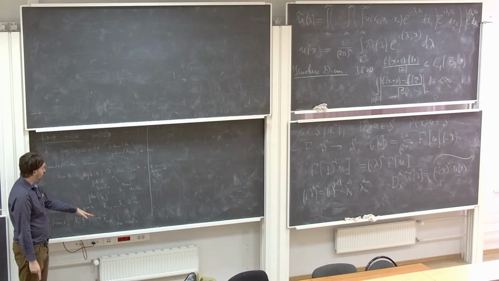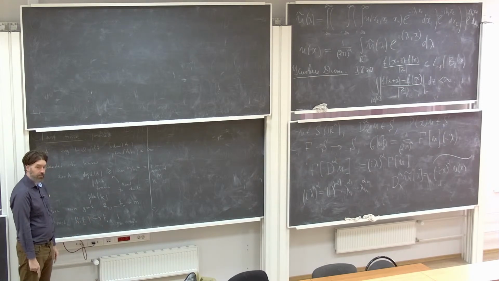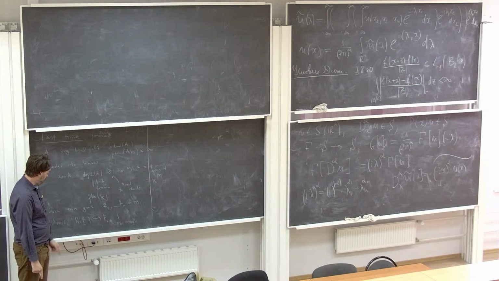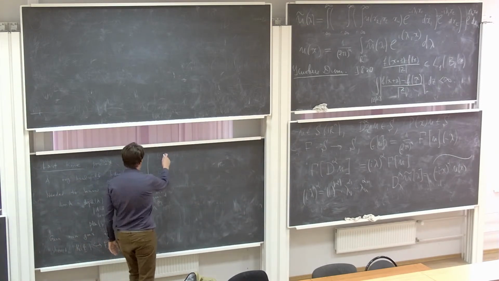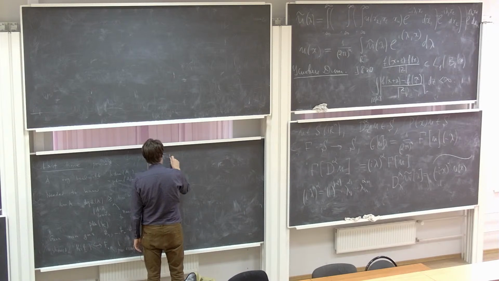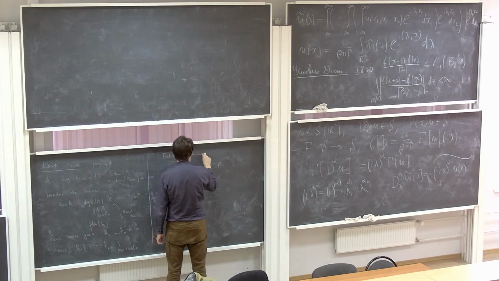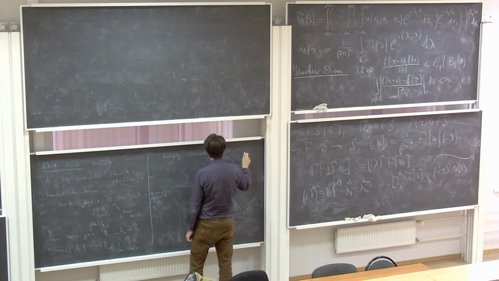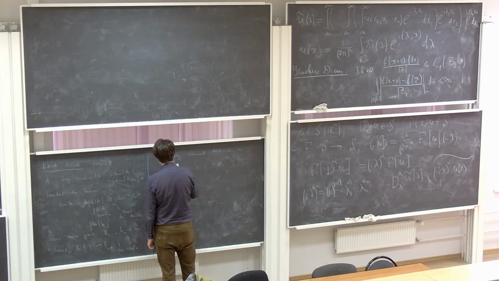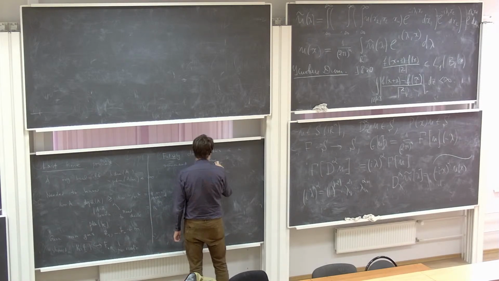But if you looked at the argument, it worked for any local ring. We get this kind of embedding. And it's just not true in general that this is a summand here. So I falsely claimed that this is a summand for any local ring.